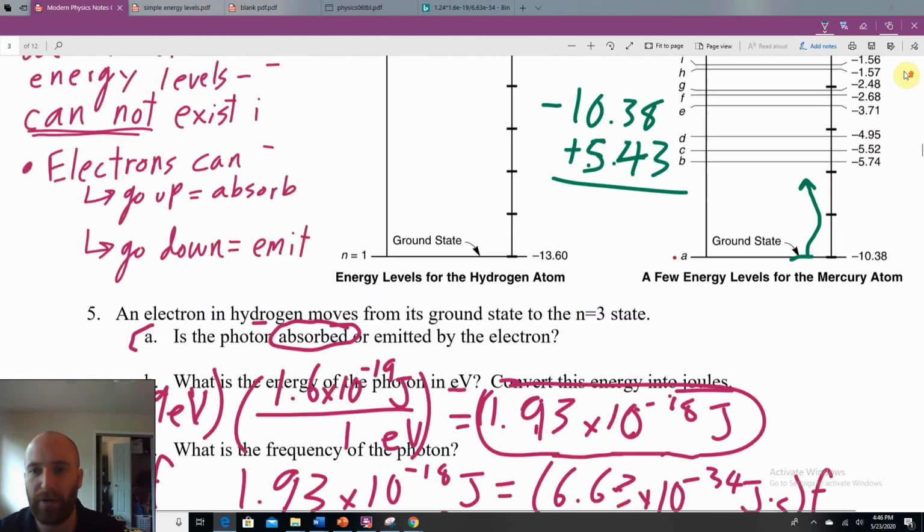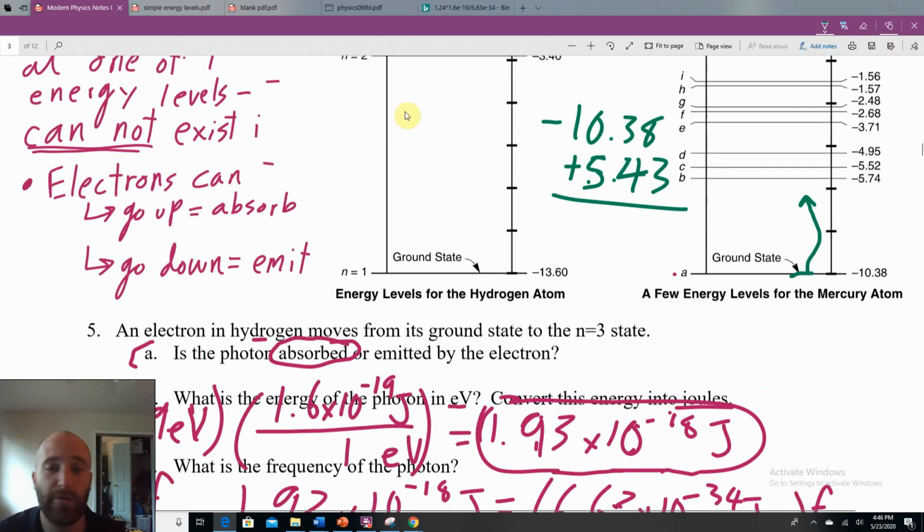Well, negative 10.38 plus 5.43 gave me 4.95, specifically negative 4.95 eV.